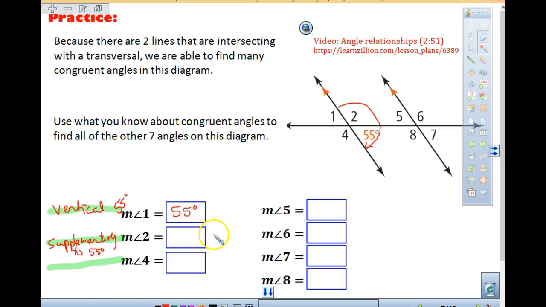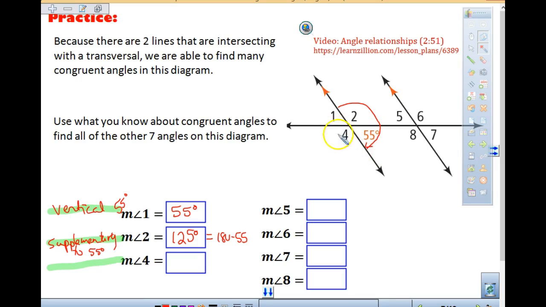Which means to get this answer, I'm going to take 180 and subtract 55. Michael, what'd you end up with? 125 degrees. Now, if I know angle 2 is 125, what do I know about angle 4 and the 55?